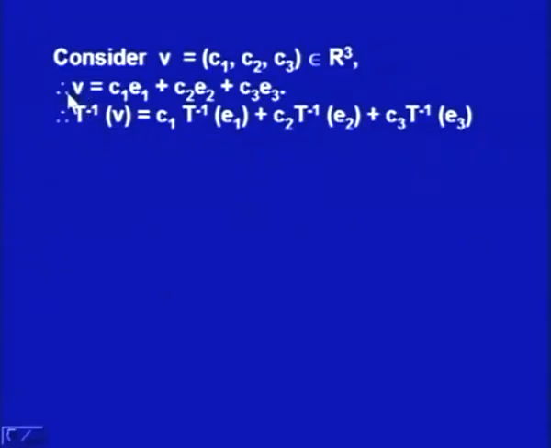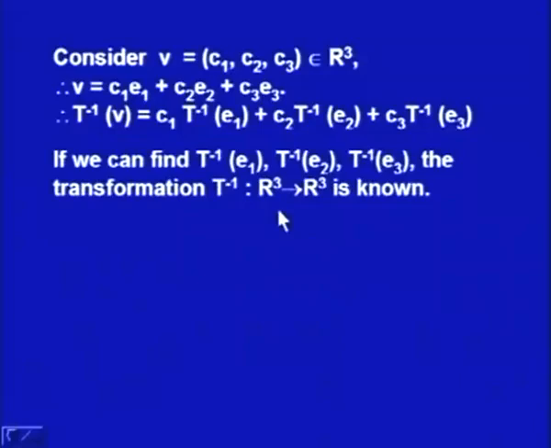So, applying T inverse on this means applying T inverse on these separately. So, we have this expression. Now, we can find T inverse E1, T inverse E2, T inverse E3, then the transformation will be known. So, if V is given to us, then from this we can find out the transformation if T inverse E1 and T inverse E2 and T inverse E3 are known.